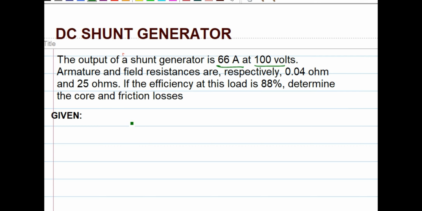An output of 66 amperes. So 66 amperes is IL, the output current or load current, and a terminal voltage or load voltage VL of 100 volts.